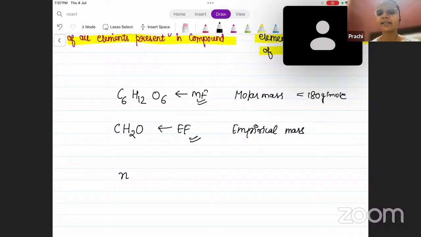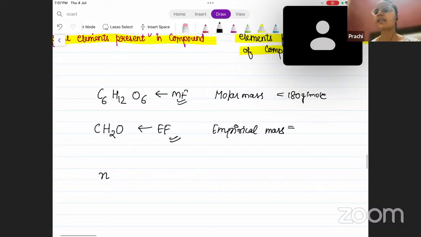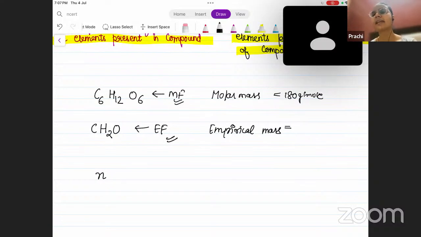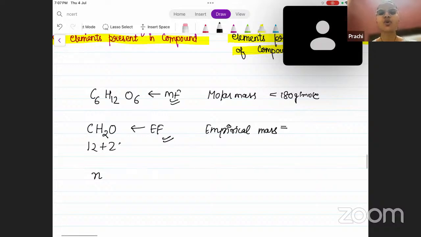So what will be the empirical mass for CH2O? It will be 12 plus 2 plus 16. So how much will it be? Yes, it will be 30.